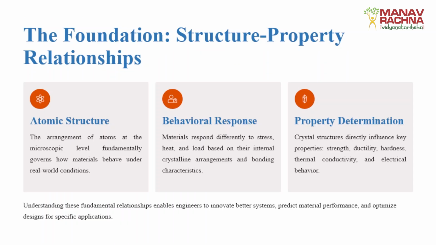Whether we are designing high-strength alloys for aerospace, wear-resistant coatings for tribological applications, or lightweight composites for automotive systems, our ability to select and engineer the right material determines the overall efficiency, safety, and sustainability of the product. In simple terms, mechanical engineering is not just about designing systems, it's about ensuring that those systems operate reliably under real-world conditions and that depends upon the science of materials.